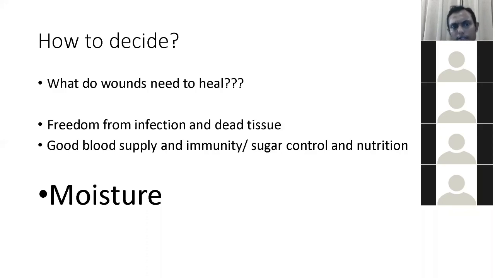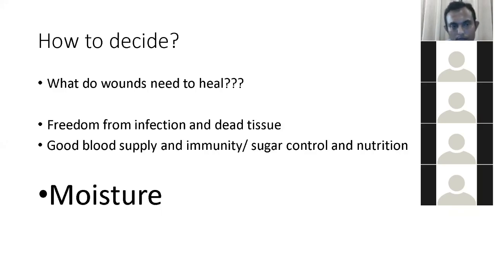To know how to decide, you have to ask this question: what do wounds need to heal? I'm not going to talk about the patient-targeted issues. Today we are going to discuss only the wound bed and the wound.